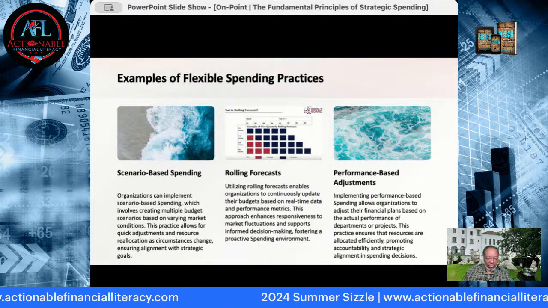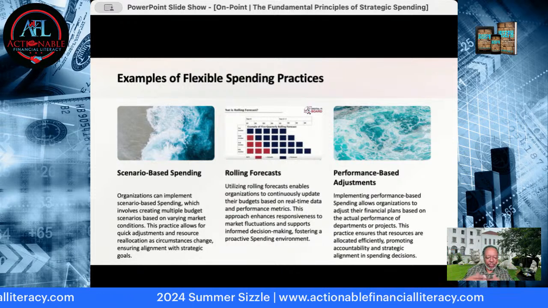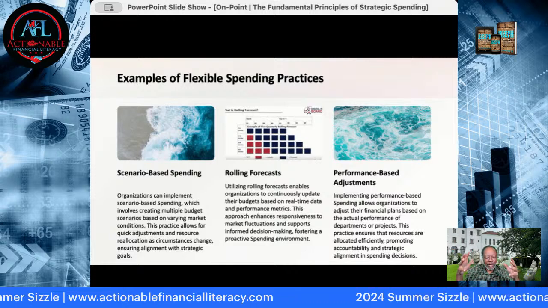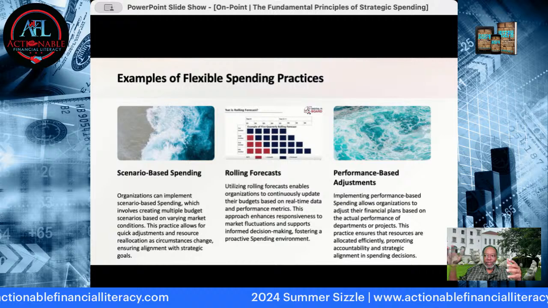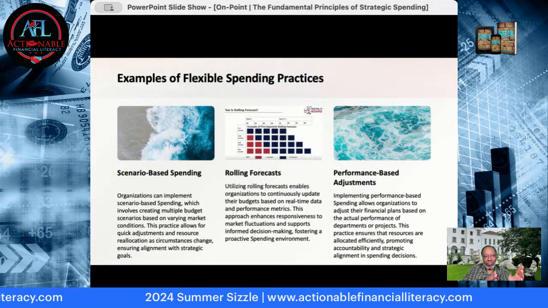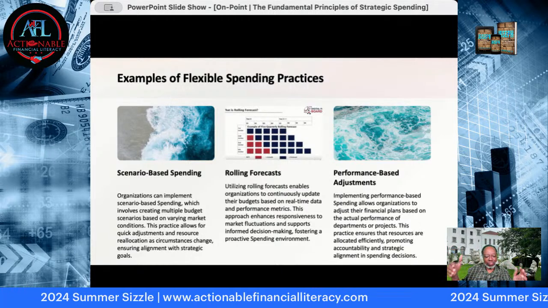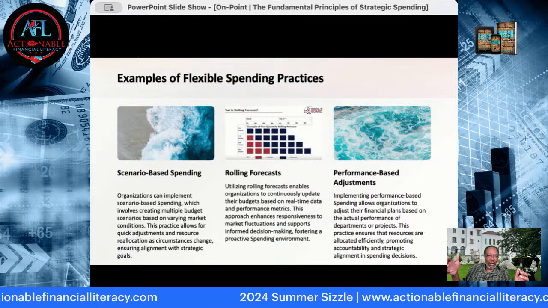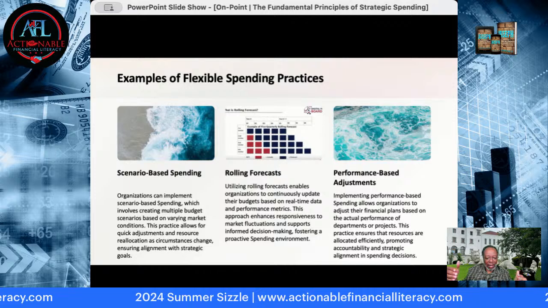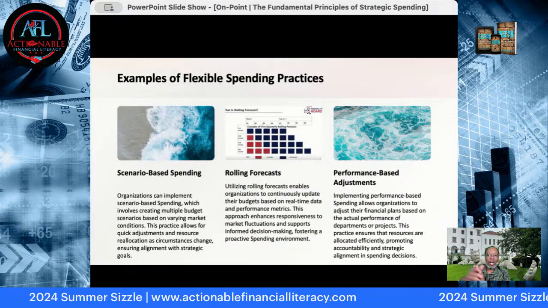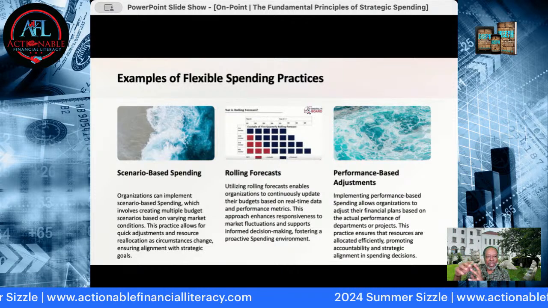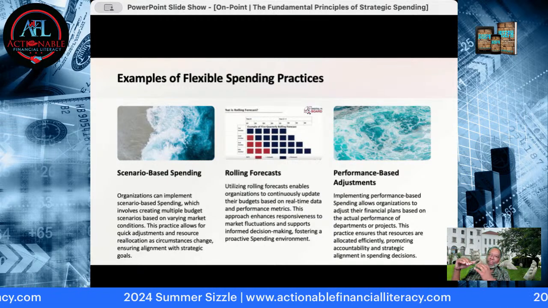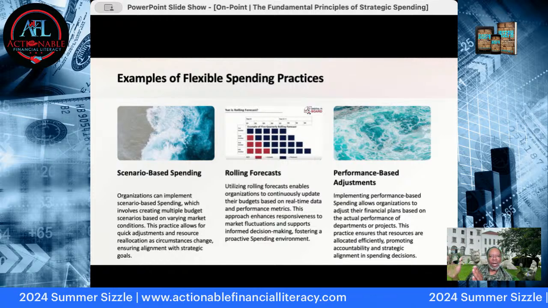Then there are rolling forecasts. With this approach, you're spending in a certain environment, at a certain time, and that one is Black Friday. I know that's a certain scenario, a certain forecast, but I'm going to look at spending in that case. But it's continuous. You're continuously updating your spending pattern. Okay, well now I know I want this type of monitor.